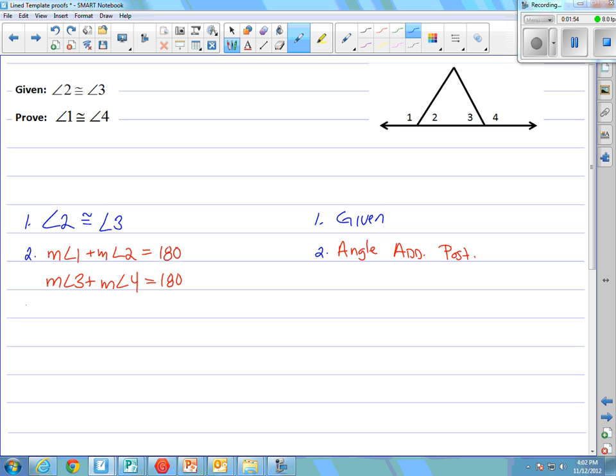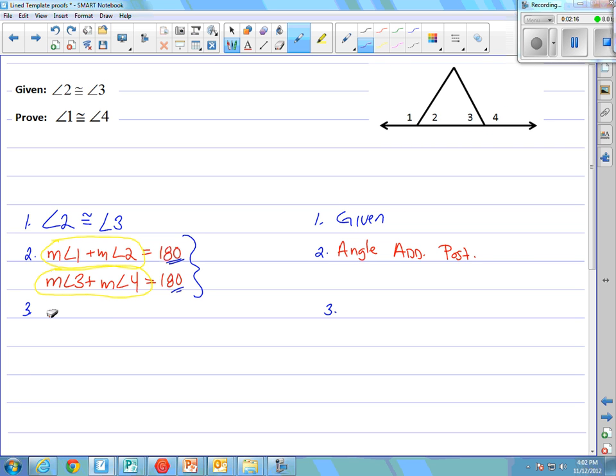Now, what's nice is we start to see patterns here. Whenever we see two statements like that, both of them equaling 180, what I'm going to do is take this part here and set it equal to that part there.